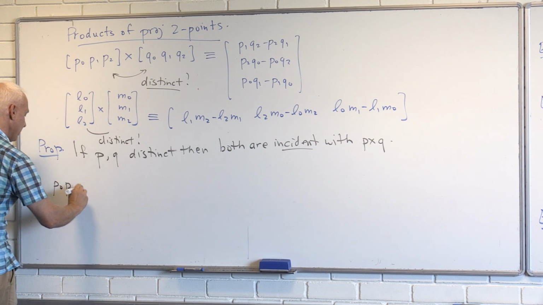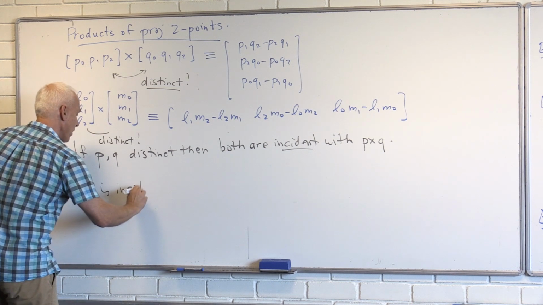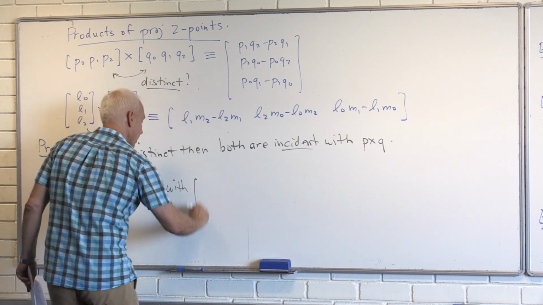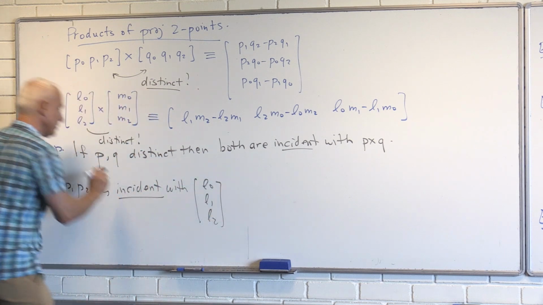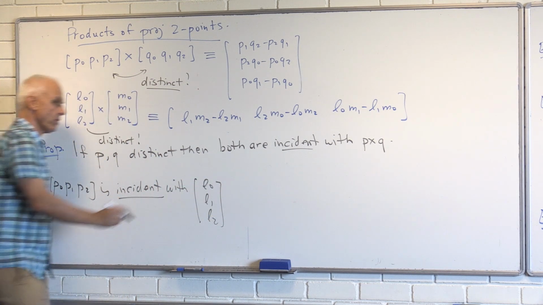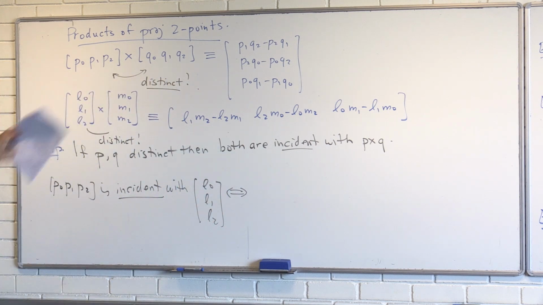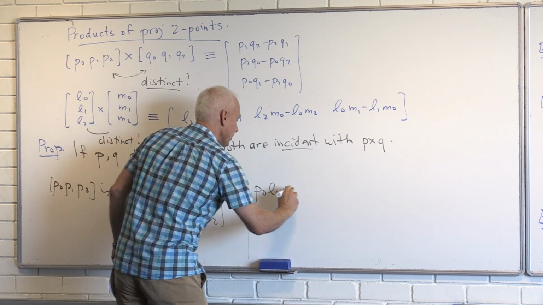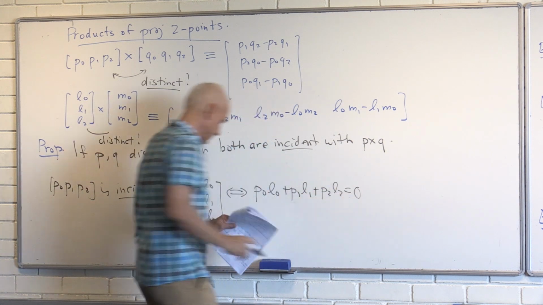P0, P1, P2 is incident with L0, L1, L2 precisely when that pairing that I talked about for vectors gives us 0: P0 L0 plus P1 L1 plus P2 L2 equals 0.